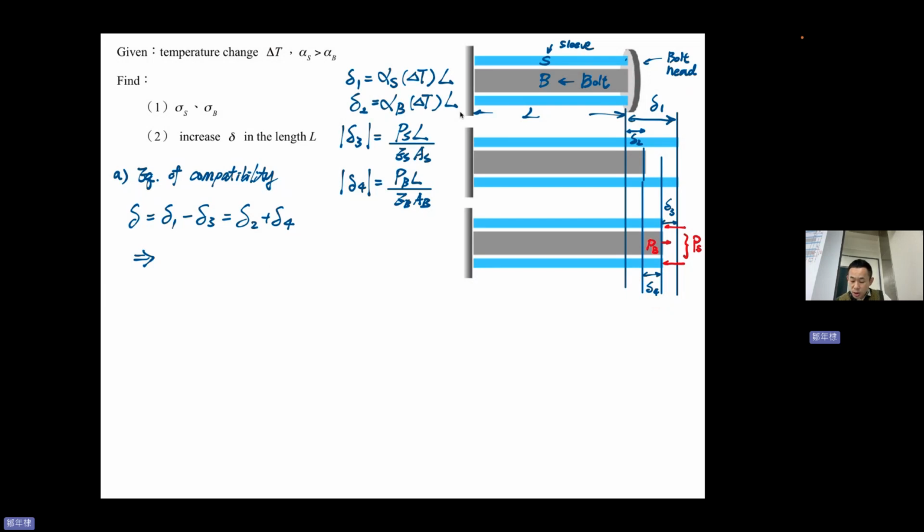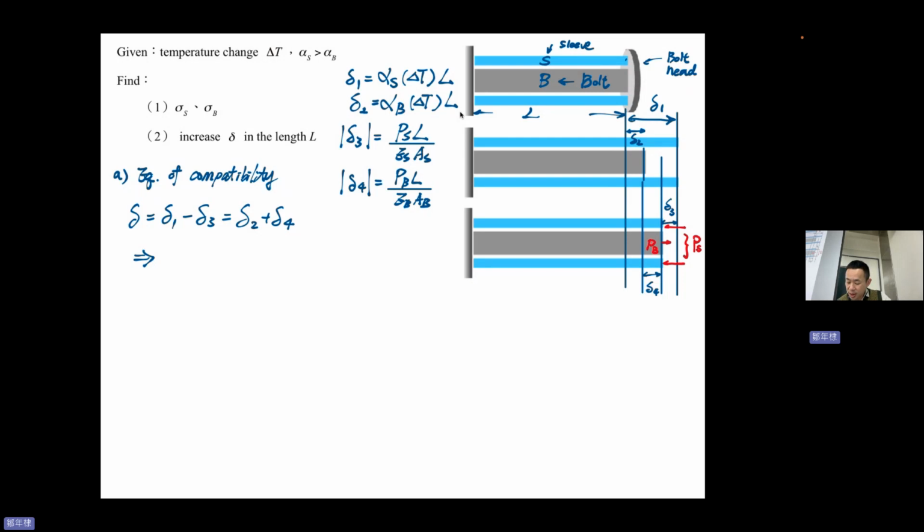Okay, so delta 1, of course, is after the heat up. Delta 2, heat up. And delta 3 means that the bolt head will push it back to the position. So PS will push that delta 3, PSL over ESAS.